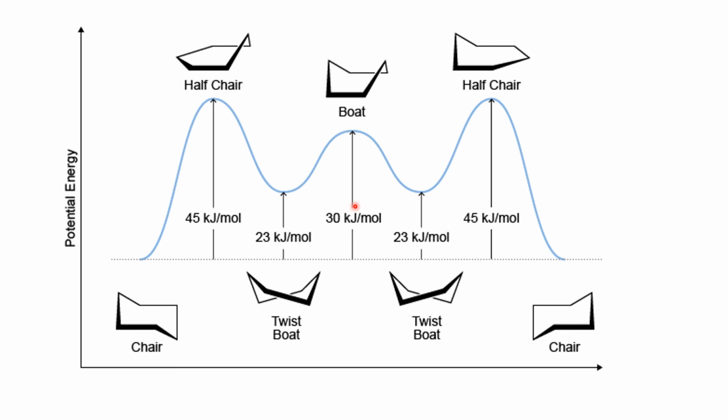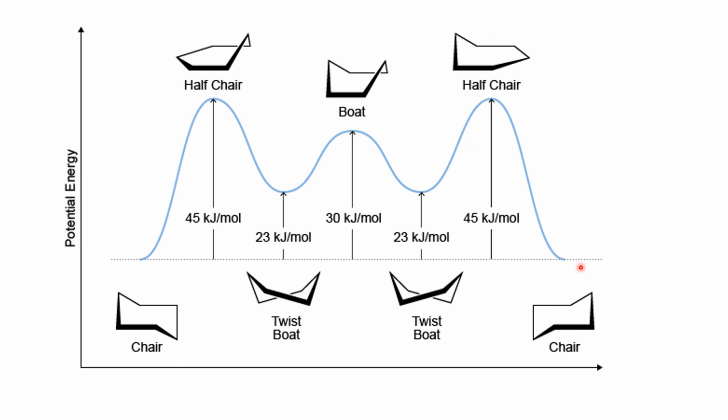See, the boat conformation is about 30 kilojoules per mole, but the twist boat conformation has only 23 kilojoules per mole. But we give importance to the boat conformation rather than the twist boat conformation. Again, it moves to a twist boat conformation in a different plane, moves to the half chair conformation, and finally to the chair conformation.